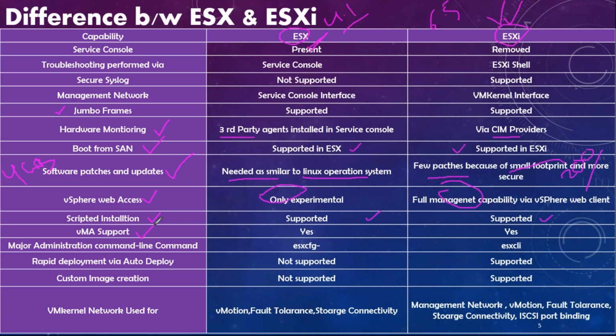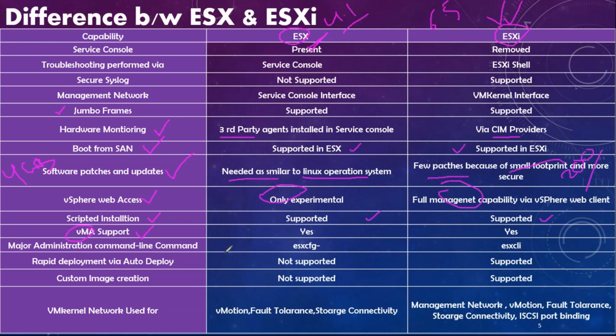VMA is a command line utility. It is similar to VMware vCenter, but vCenter is a graphical user interface. VMA is a command line interface. Not a very popular one, but still, it supports both your ESX and ESXi operating systems.